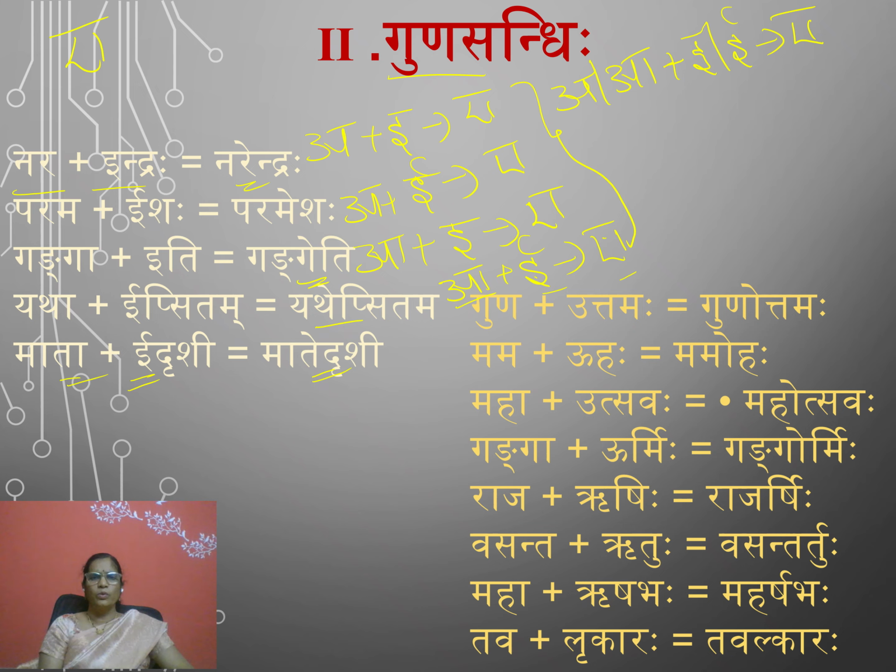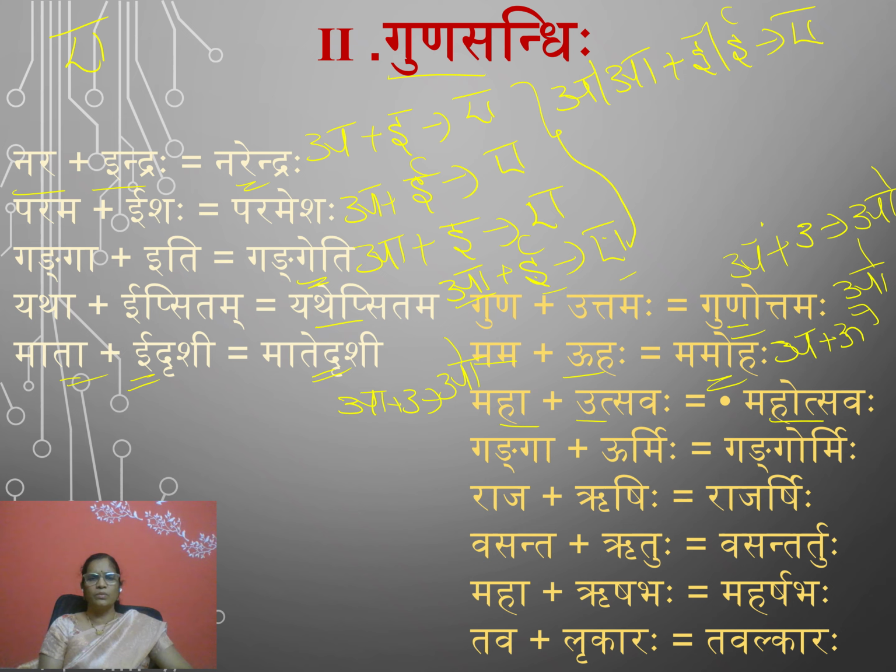And next one, Guna plus Uttamaha. Here, the first word ended with A, the second word started with U. Then we got O: Gunottamaha, O we got. And Mama plus Uhaha, the word ended with A, the second word started with U. Then we got Mamohaha, then also we got O. Maha Utsavaha, A plus U. Then we got O: Mahotsavaha.